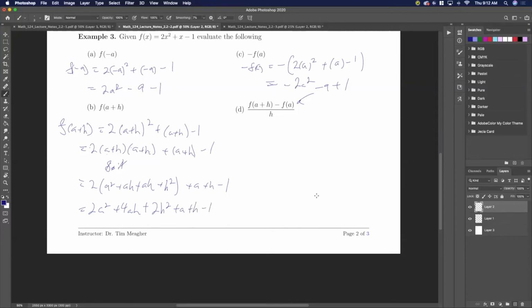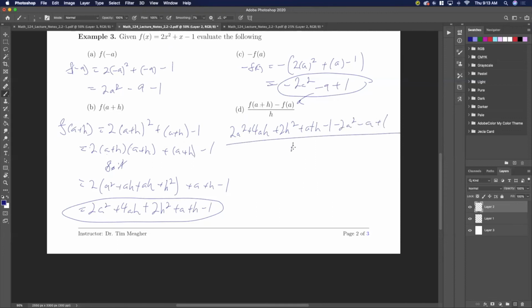All right, now that we have this, we can do d fairly simply. Do I have what f of a plus h is? Yeah, it's right here. Do I have minus f of a? Yeah, it's right here. So I can just put these two together. It'd be 2a squared plus 4ah plus 2h squared plus a plus h minus 1 minus 2a squared minus a plus 1, all over h.